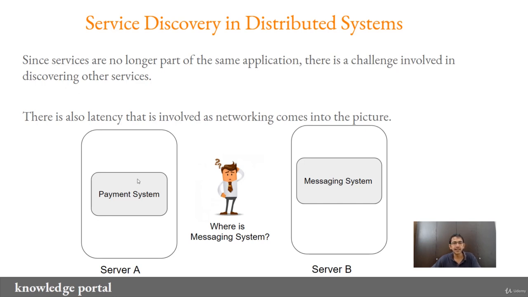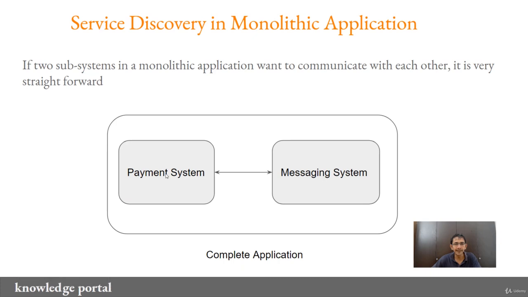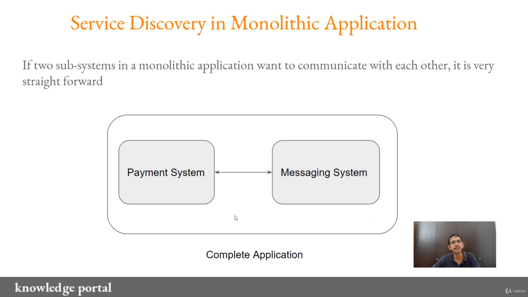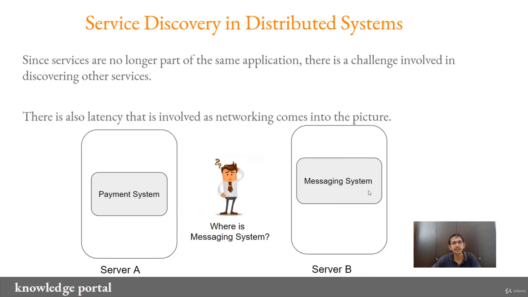So let's say that instead of bundling two subsystems like payment system and messaging system into a complete bundle, you separate them out, and you move them to a different server altogether. So in case server B goes down, it will not take the entire application down, it will just take a subset of the application down. In this case it is the messaging system and so on.